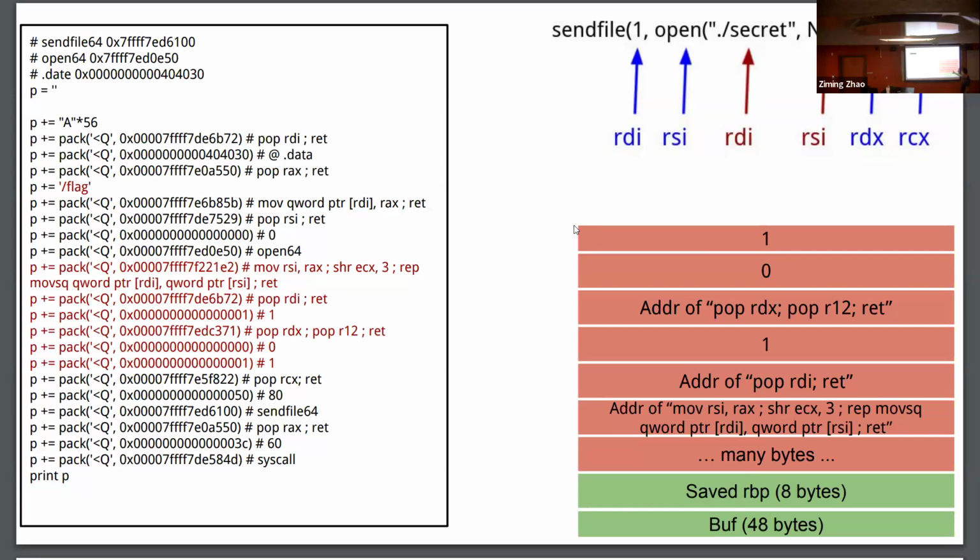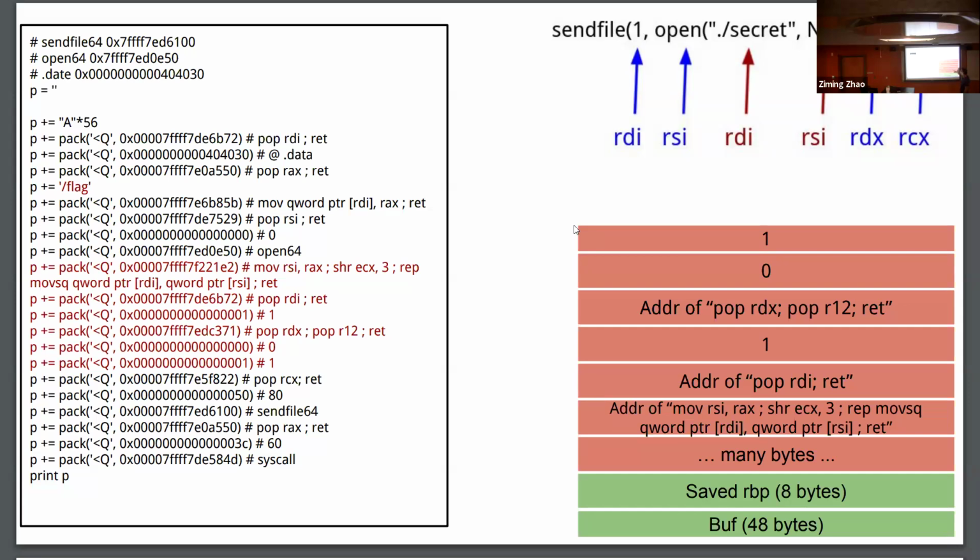Fortunately, this gadget doesn't really crash the program, at least when I tested it. Okay, so as long as this doesn't crash the program, we successfully move RAX to RSI.